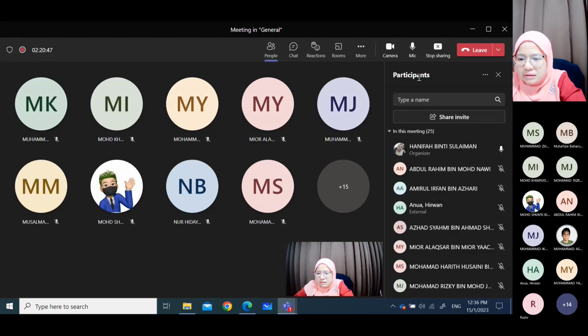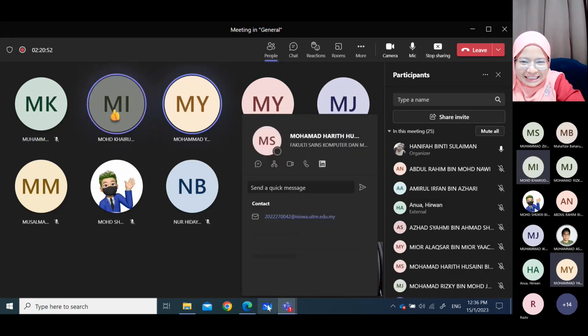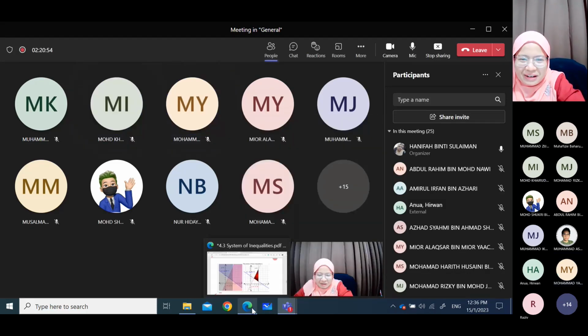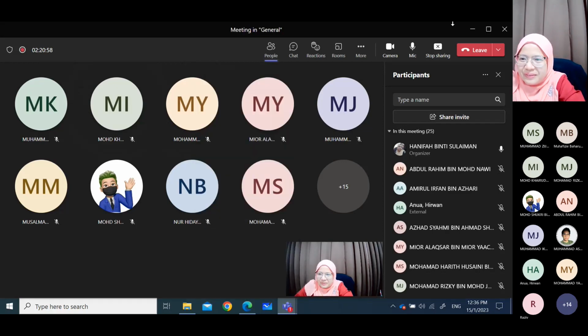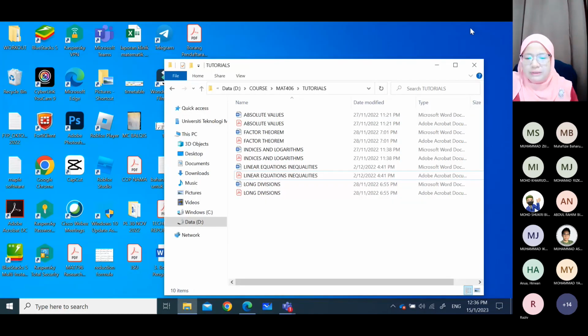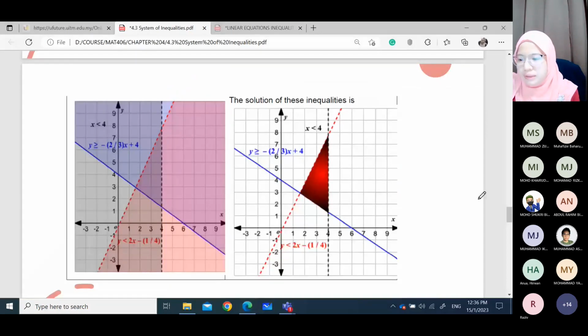Masih ada ke? Ada. Pening lagi. Pening. Ada alright. Tak apa, jangan risau. Kalau masih juga tak faham, kita boleh discuss.